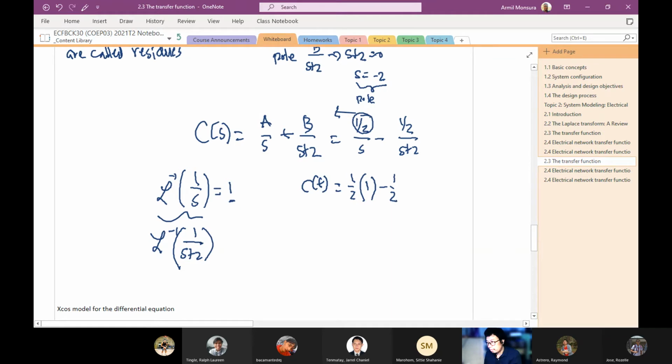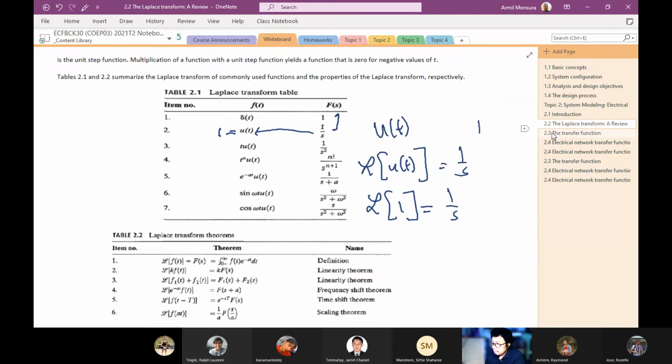So let's look at the table. Okay, let's look at the table and find that we have here 1 over S plus A as a function under F of S. Ang hinahanap natin is yung function na ang Laplace transform ay 1 over S plus 2.